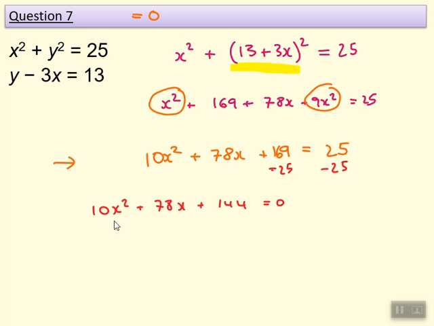Now, one thing you should notice is that if every term can be divided by something at this stage, then divide it by something. So here, for example, all the terms are even, so we can half everything. If we half everything, it just reduces the numbers we have to work with a little bit. So solving this is equivalent to solving that.